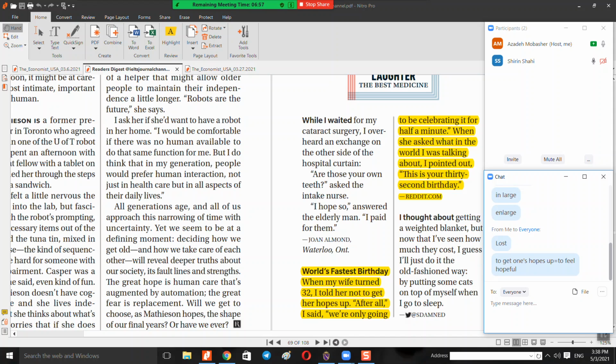No, not that. After all, I said we're only going. Finally? Somehow, yes. After all, we're only going to be celebrating it for half a minute. Okay, go on, please.